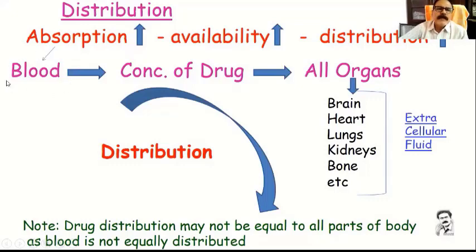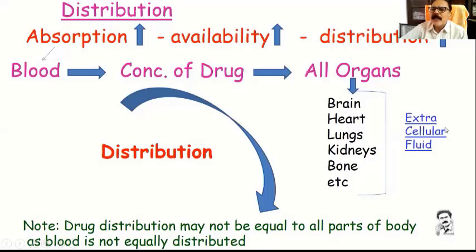So when it is traveling through blood, the concentration of the drug in blood is more. The basic rule is that it wants to reduce the concentration of the drug in the blood. So what will it do? It will travel to all the organs. Where will it go? It can go to our brain, heart, lungs, kidneys, bone, everywhere.